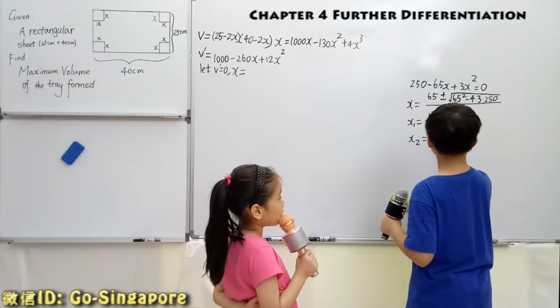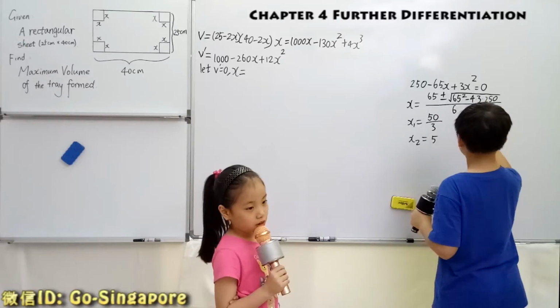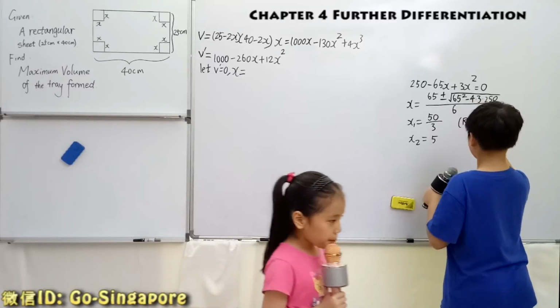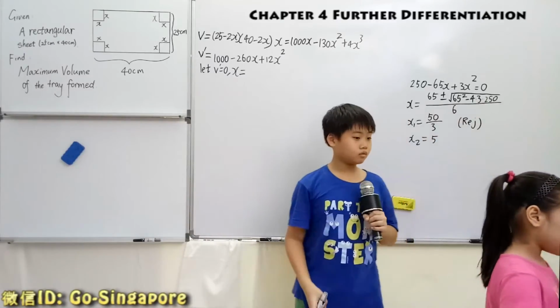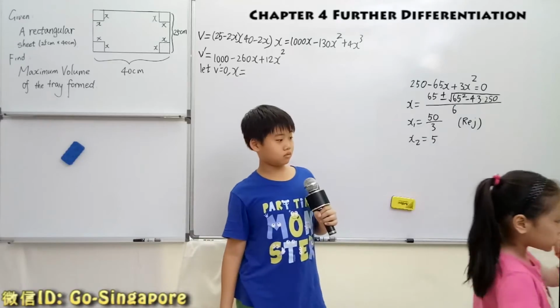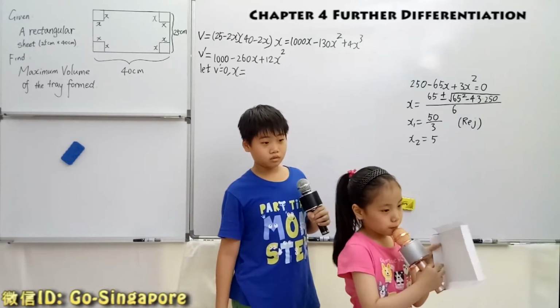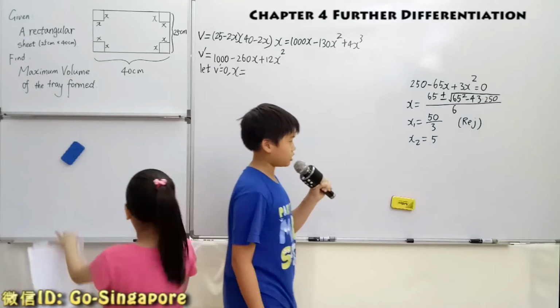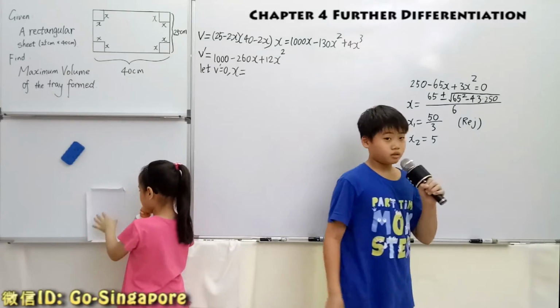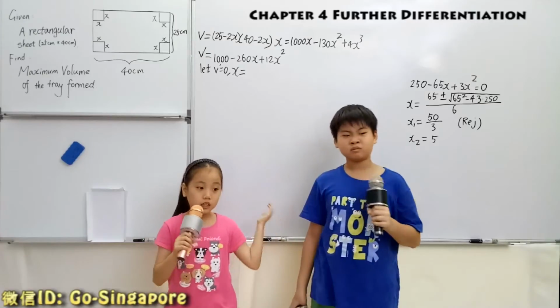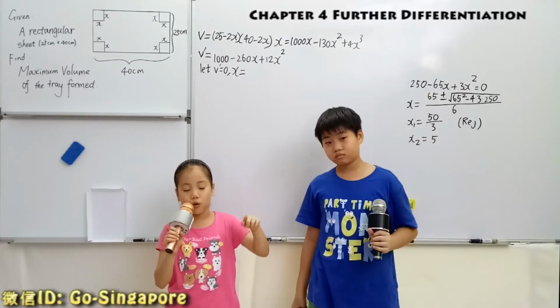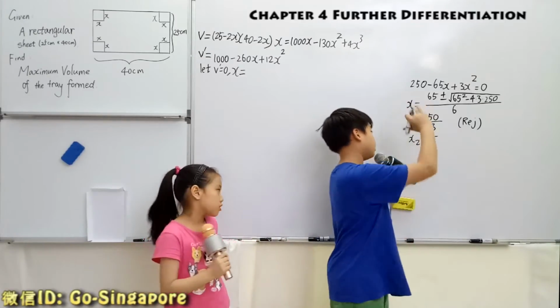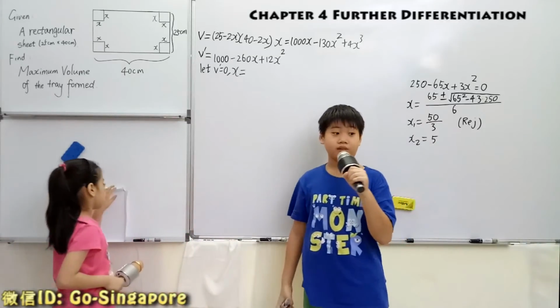We will reject the first answer. If x is 50 over 3, it will be negative, and negative is not correct. 50 over 3 is already nearly 17, right?